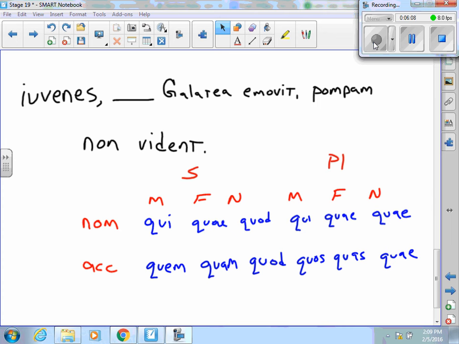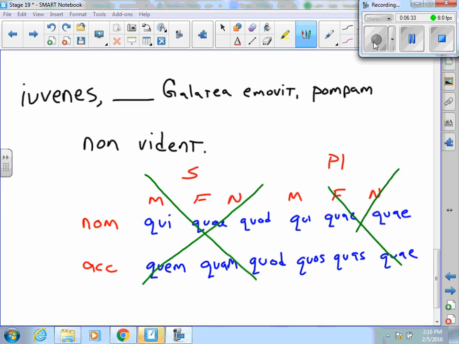Now, in this one I have Iuvenes. Is boys singular or plural? Because qui has to be the same number and the same gender as its antecedent. In this case, Iuvenes is plural, so I can exclude all of the singulars. None of those are going to be my answer. Iuvenes is also masculine, so I can exclude all of the feminine and all of the neuters.